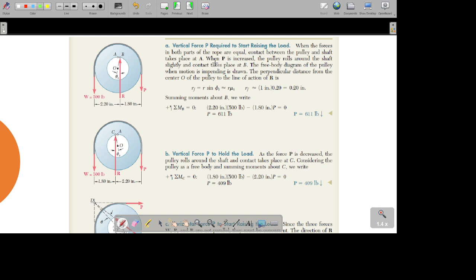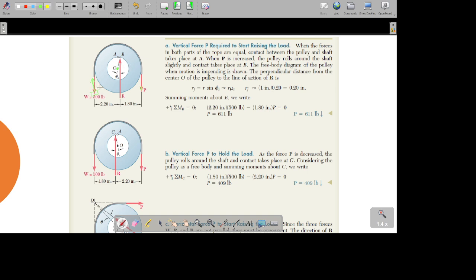So when you are trying to raise this load in the upward direction by applying force P, the reaction force R will shift toward the right side. As you can see, this was our center of the shaft, and the reaction force will move to the right side. Why to the right side?